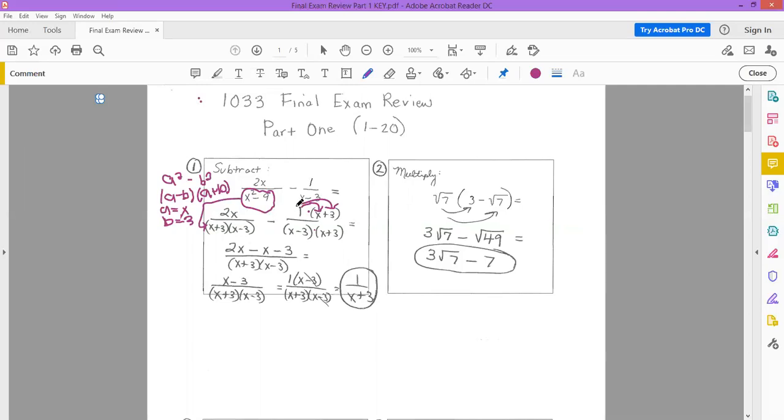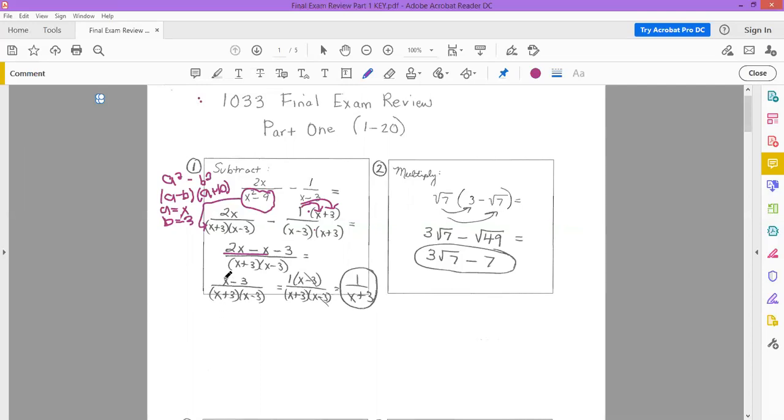So that's minus x, and then minus 1 times 3, so minus 3. We combine like terms: 2x minus x gives us 1x, minus the 3. Our denominator stays the same, x plus 3 times x minus 3.